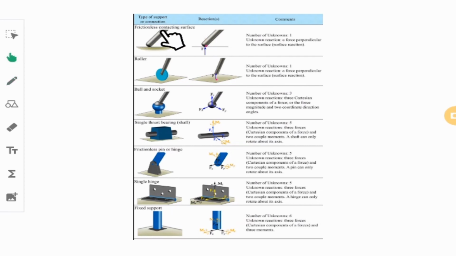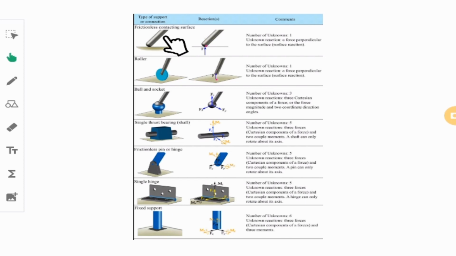For example, here we have a frictionless contact surface. Frictionless means that this rod can slide in any direction, and there is nothing to prevent that, but it cannot penetrate the surface. That's why we have F here, and you can rotate it in any direction.